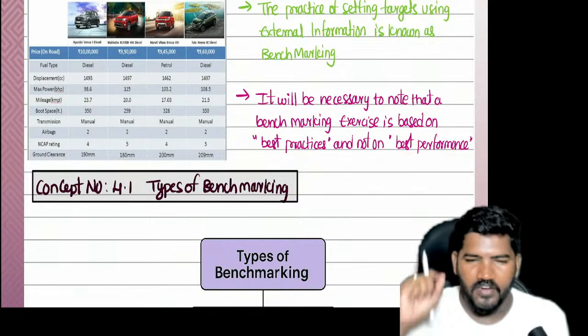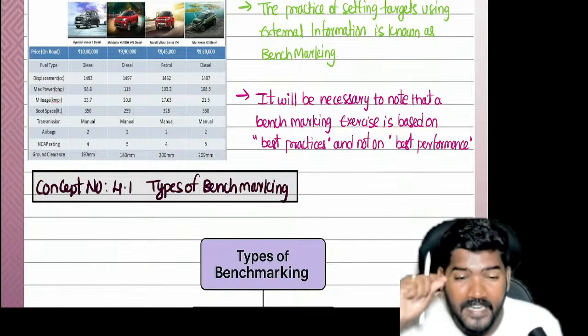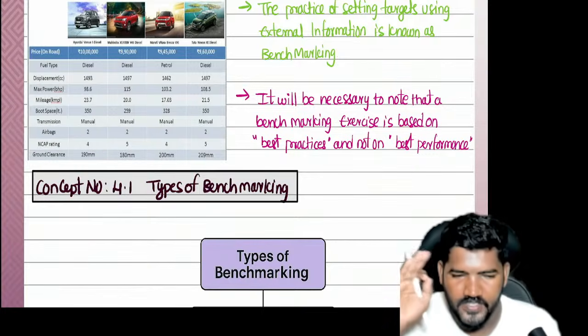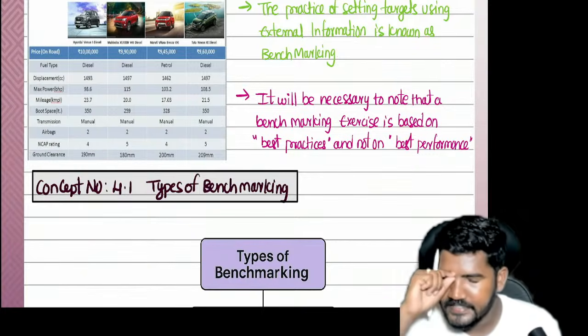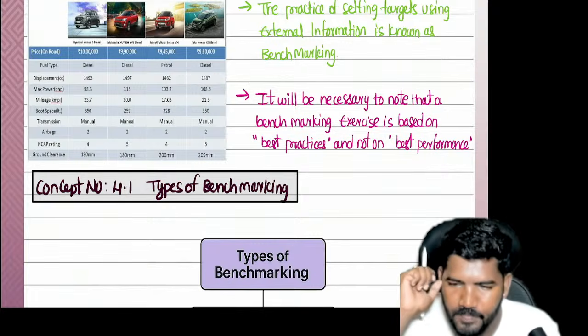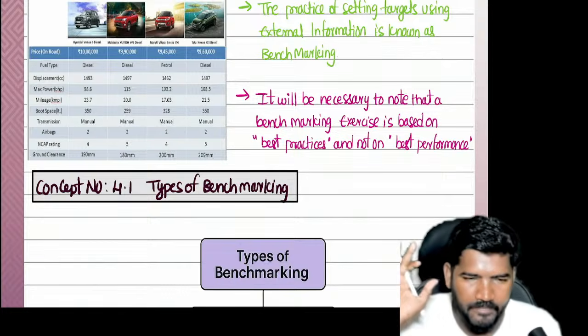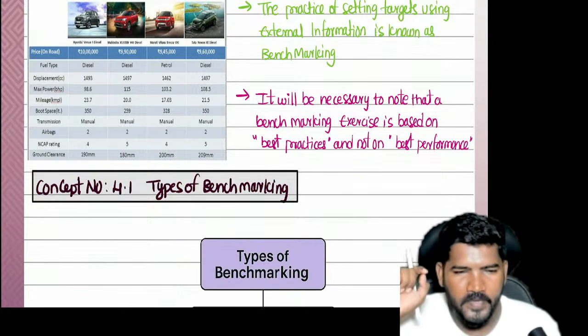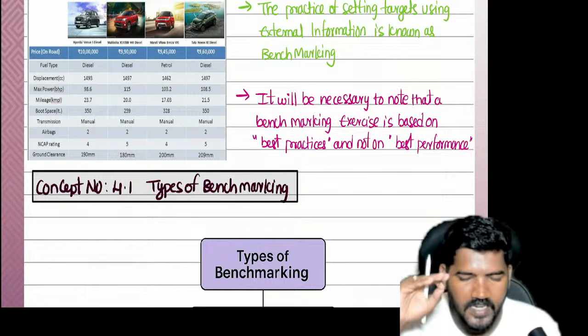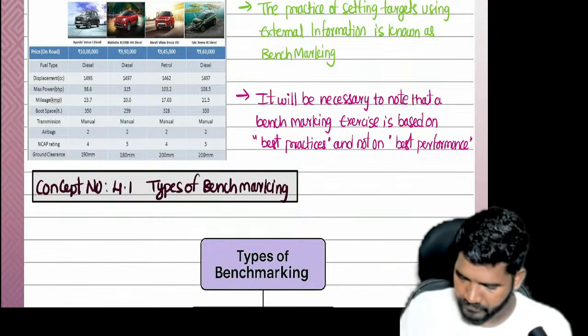Benchmarking focuses on which companies are following best practices, not best performances. For setting a target, we are not focusing on the best performances; we are focusing on the best practices in the market. MCQ also, guys.